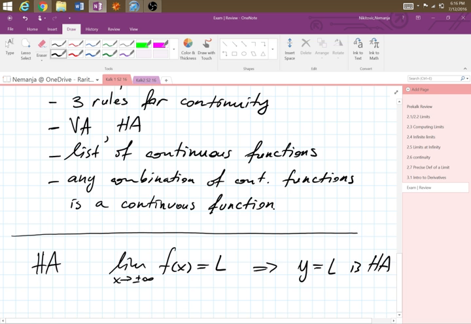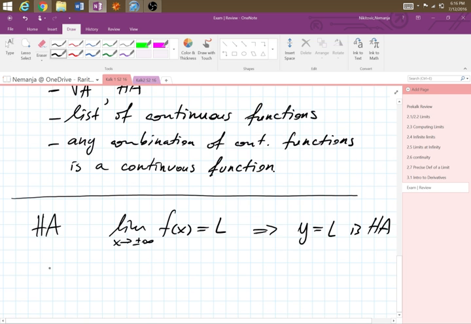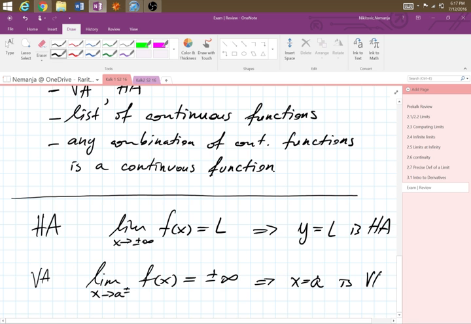The vertical asymptote definition was: the limit as x goes to a, either plus or minus, of f of x needs to be plus or minus infinity. And if that's true, then x equals a is a vertical asymptote.